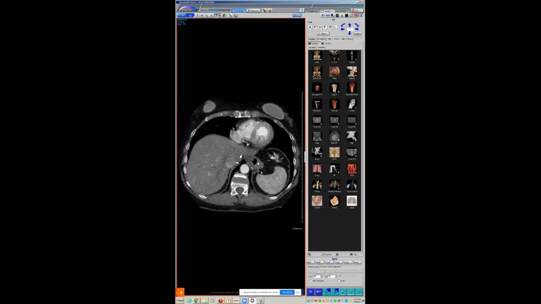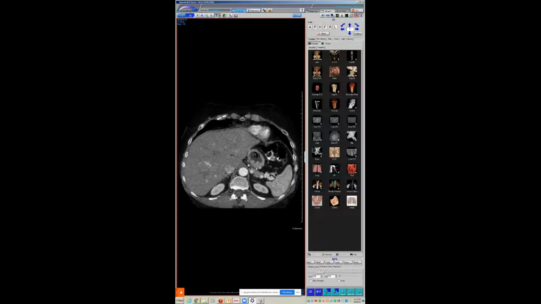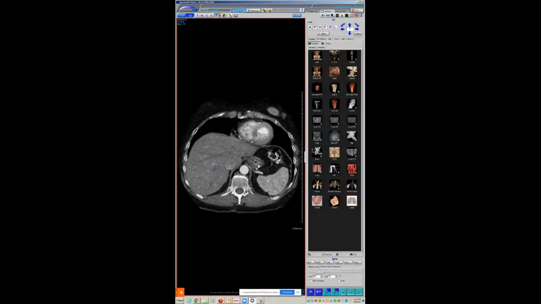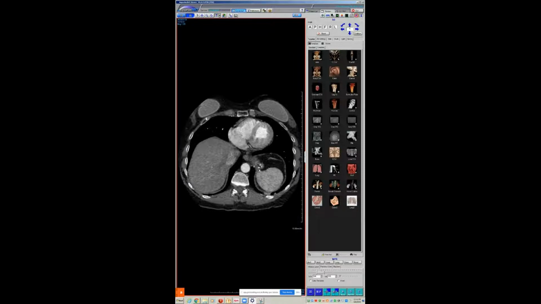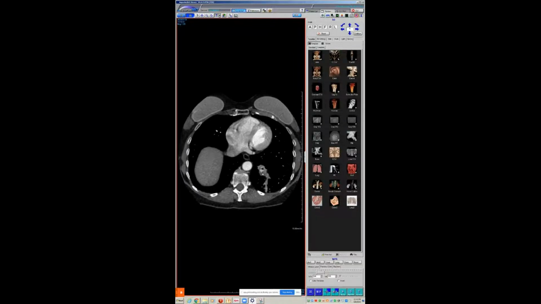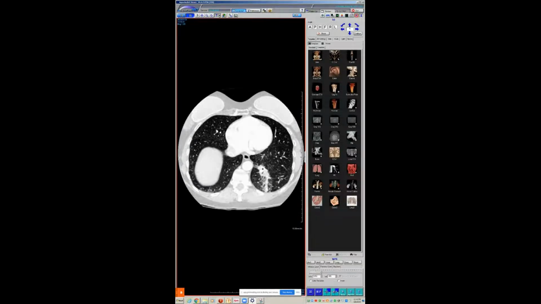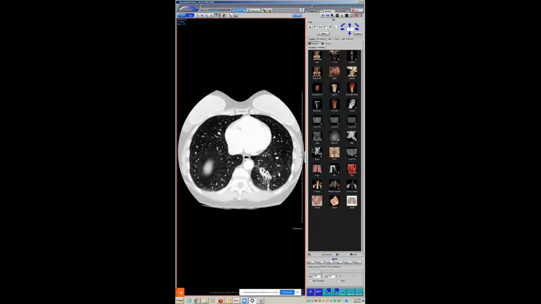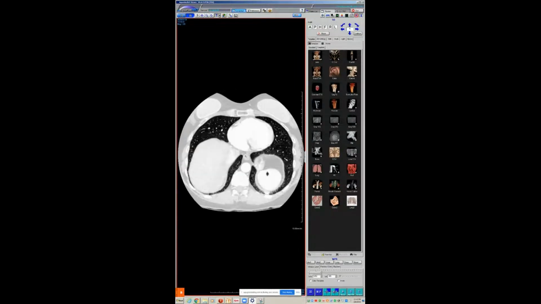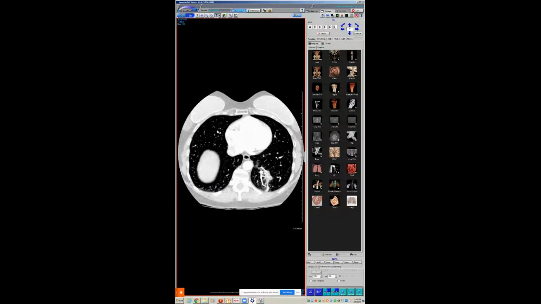But you can see there's this defect near the site of the anastomosis between her stomach and esophagus. And you can see there's this tract extending up into the right lower lobe, and she had been treated with antibiotics for a while now. She had a bad kind of consolidation, nasty looking infection.